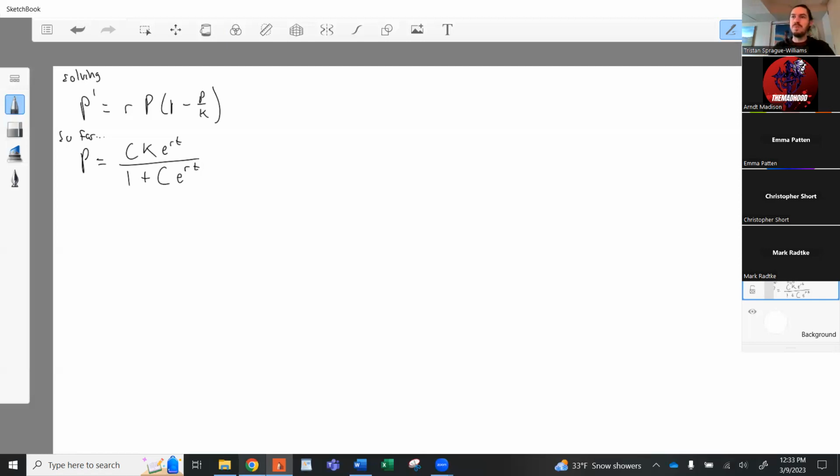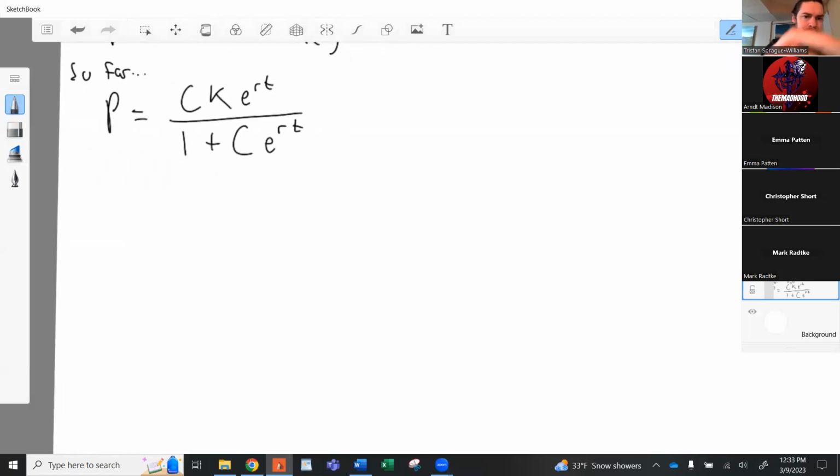Okay, well, what's P of 0, our population at time 0, our initial starting population? We can figure it out now based on this. So if I put in 0 for time, I should write this as P of t, since this is a function of time.